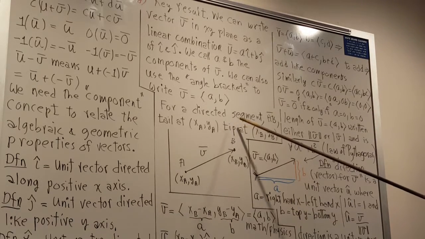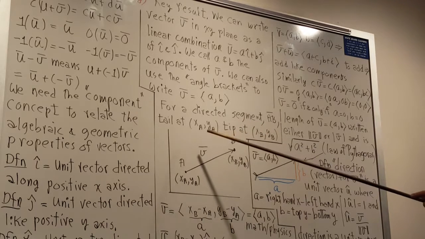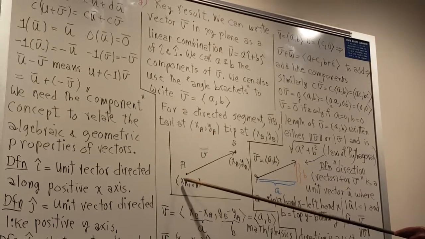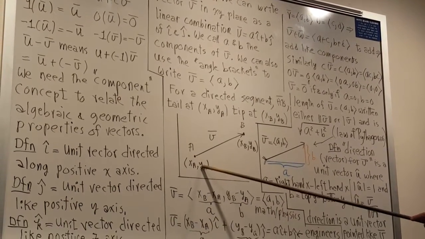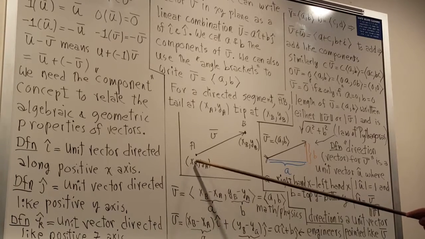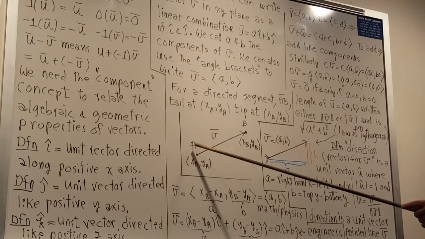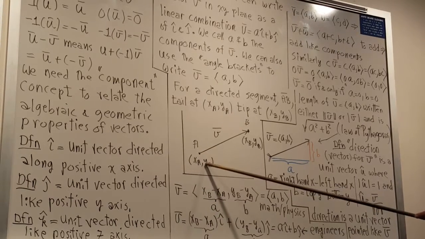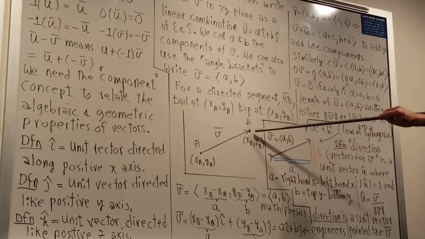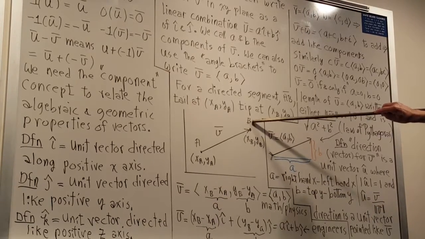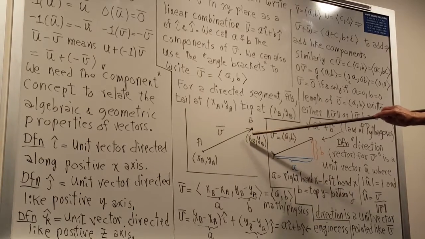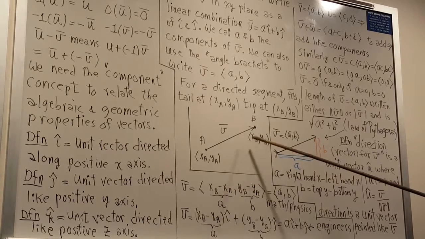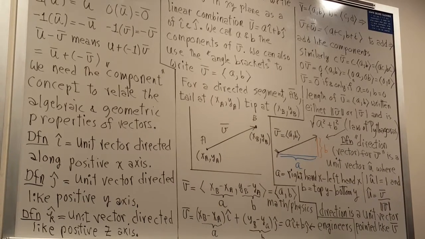So for a directed segment, A to B, your tail is at the point x, y, the x-coordinate and y-coordinate that go with point A. So I'm calling the x-coordinate x sub A, the y-coordinate y sub A. And the tip is at the point corresponding to B, where the coordinates are x sub B and y sub B. So in general, this is a different pair of numbers from that pair of numbers.